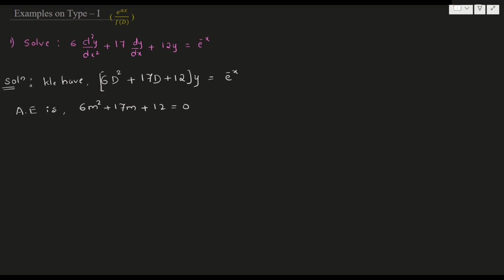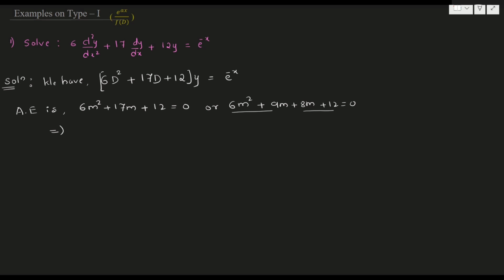Such type of examples I discussed in the starting videos, so just go through them. Now we have to factorize this. It can be expressed as 6m square plus 9m plus 8m plus 12 equal to 0. You know the factorization.